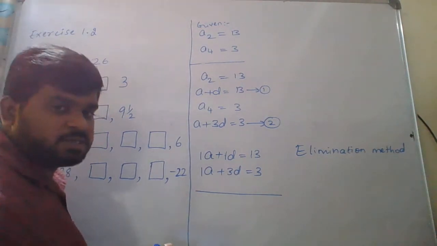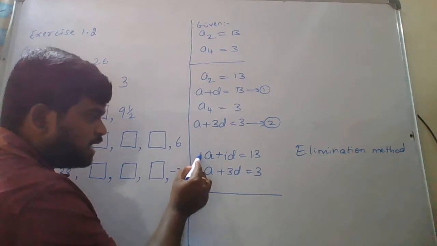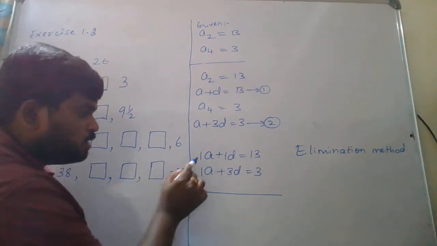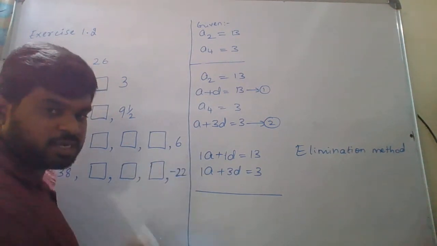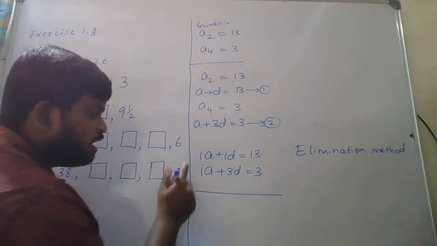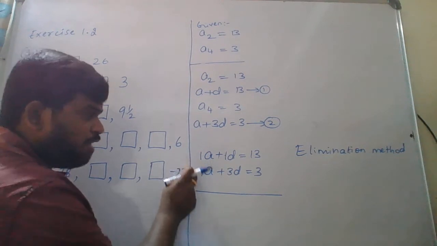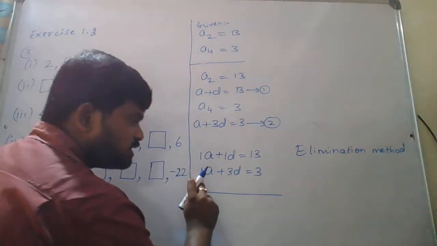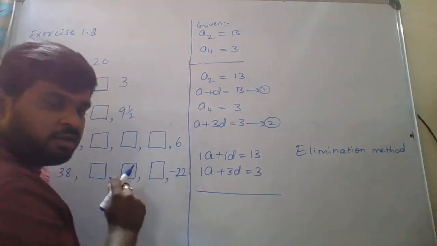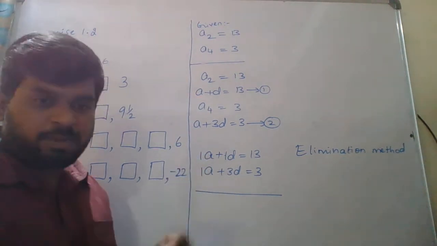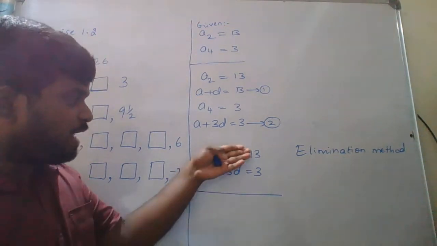The third step is, once you check the coefficients are same, check their signs. If both have got same sign, you have to change the sign for the second one throughout. Because actually elimination means I am subtracting these two things.